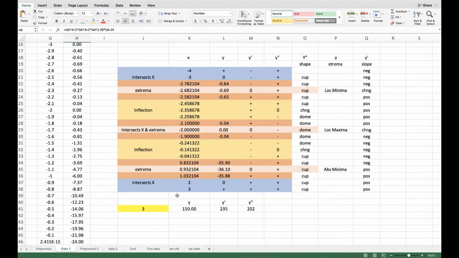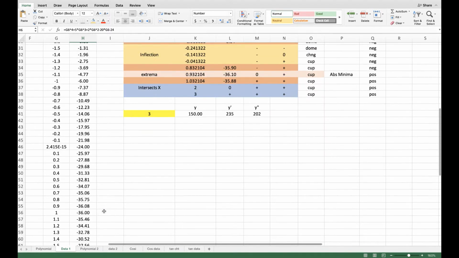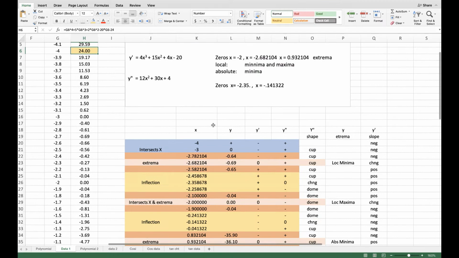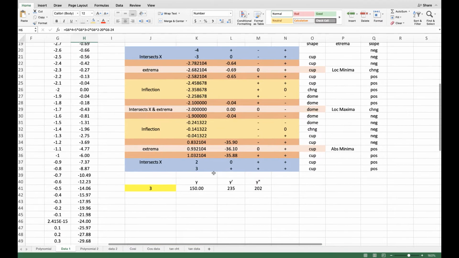The same goes for the positive values of 2. So where x equals 2 and above, you're going to find that the value of the function, let's say here, 2 is the 0 where we cross the x-axis, and you can see that from 2 on up we got positives, and it's going to stay that way because x to the 4th dominates.